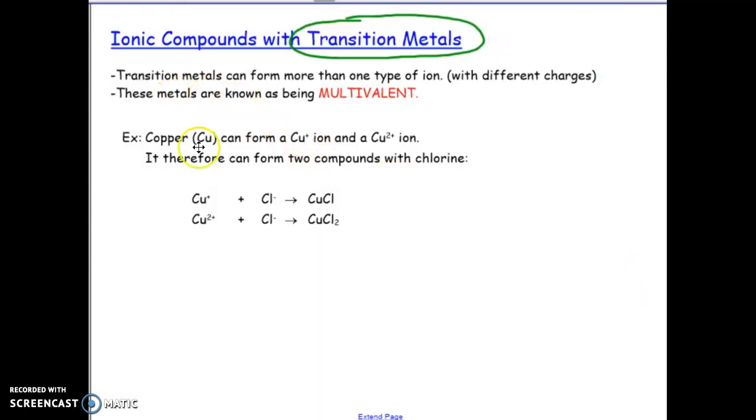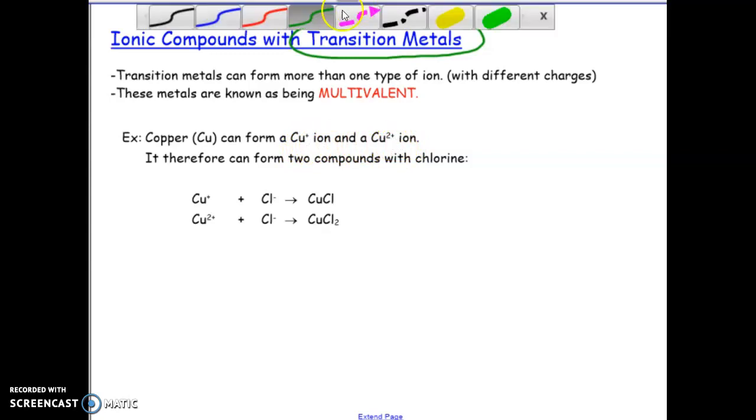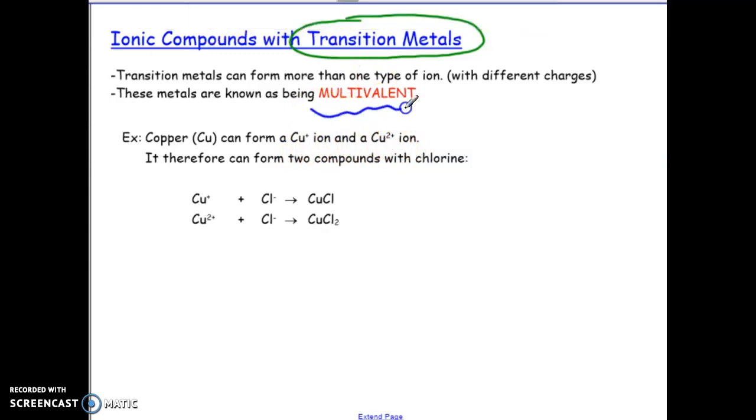Transition metals essentially can sometimes create more than one type of ion. For example, copper can have copper positive 1 or copper positive 2. So they're known as what's called multivalent. Meaning there are some copper atoms that have 1 valence electron.